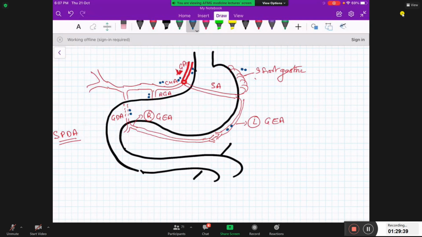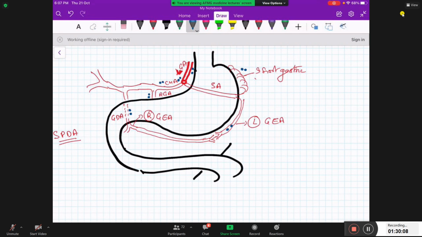Similarly, in stomach, there is a surgical distribution also, right? And what is that surgical distribution? We don't need to go into the detail of that though, but we should know this particular point per se.